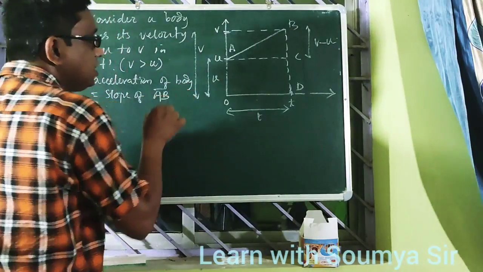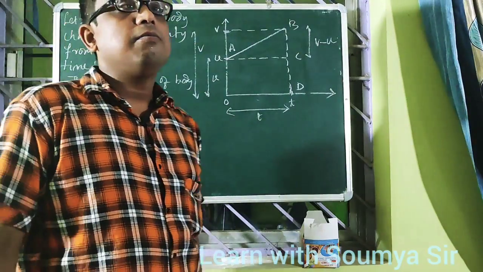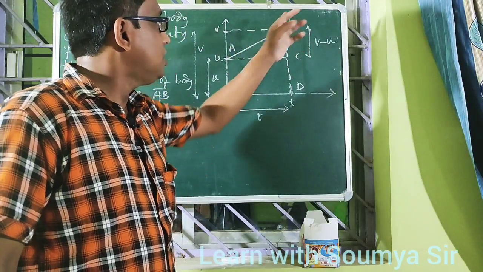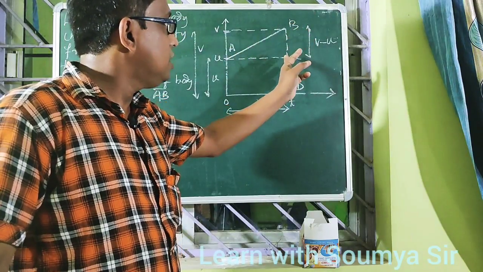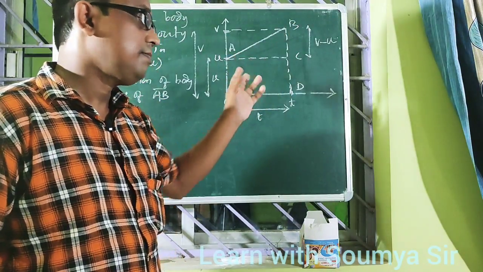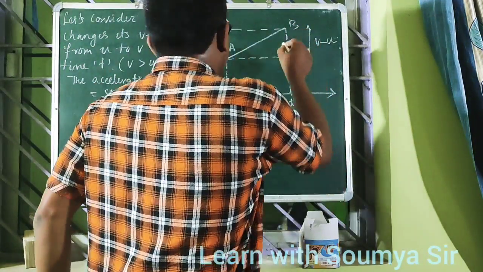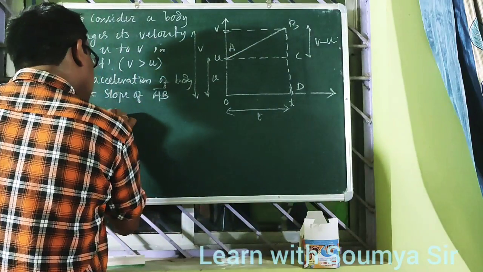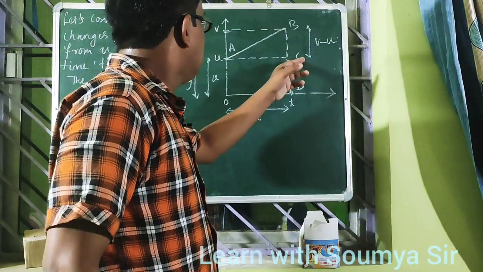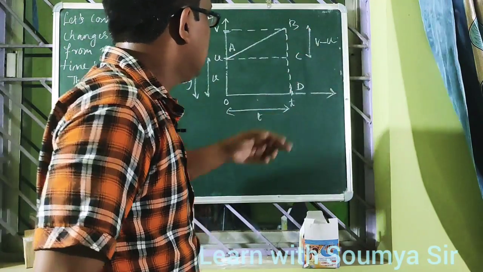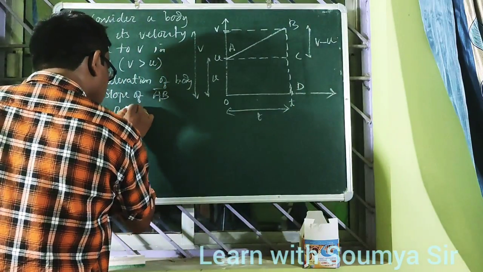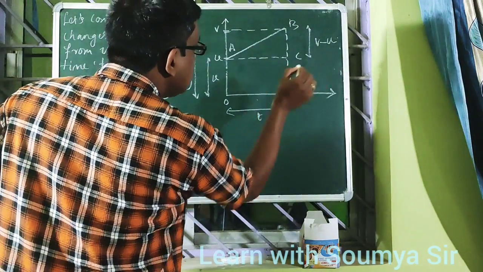AB is the velocity time graph. So how can we find the slope of AB? Now you see here, A is a point, B is a point, join this line, then a is equal to BC by AC.